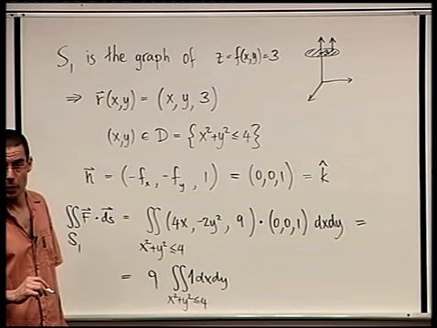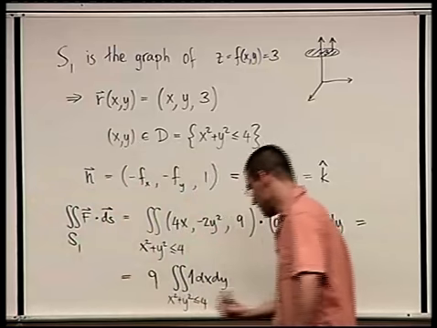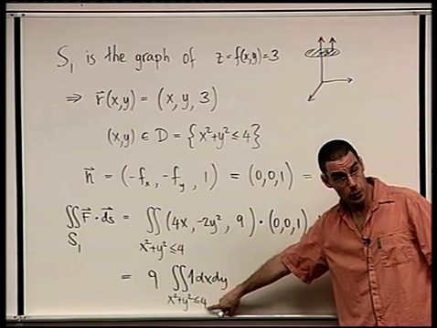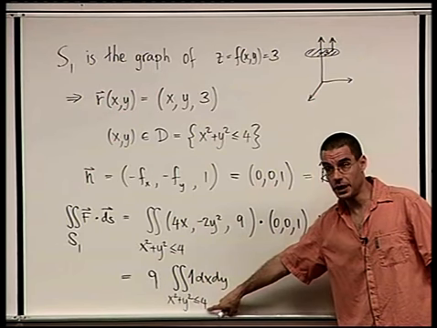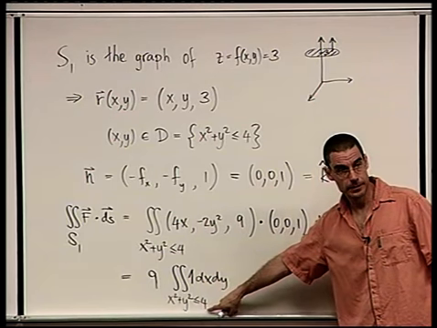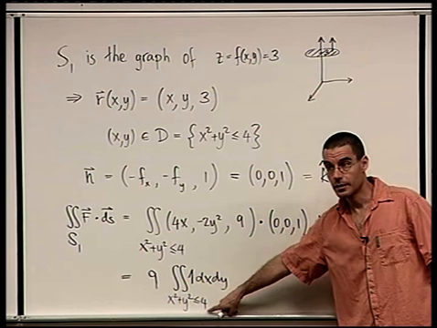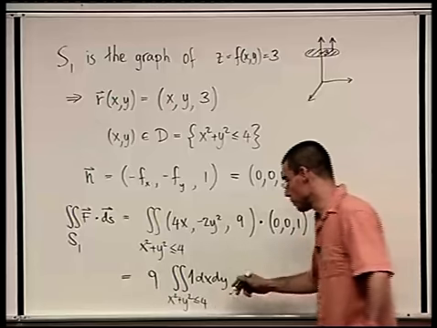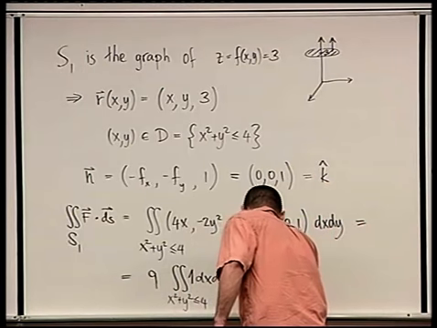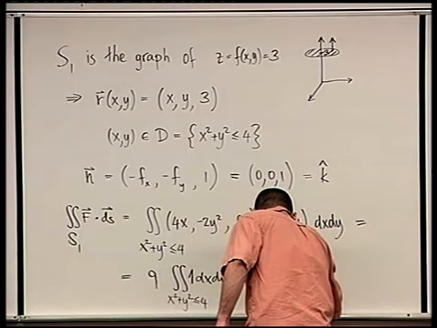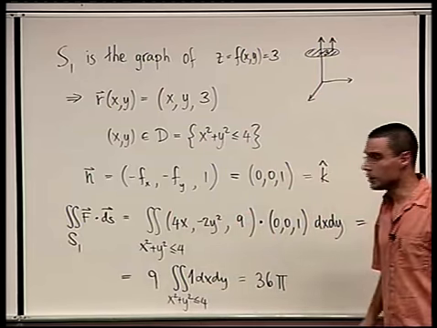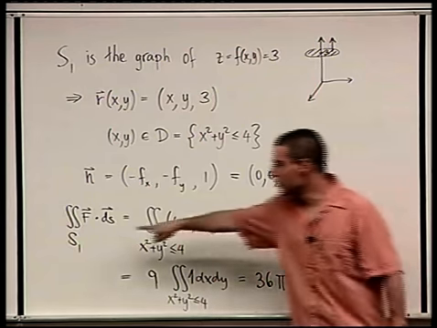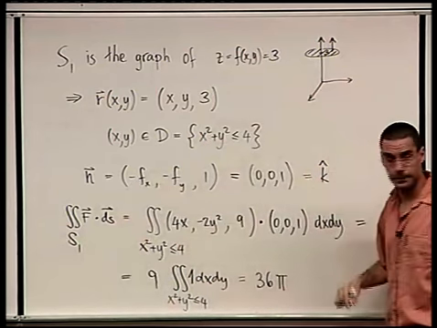Just the area of the domain. The domain is a circle in the xy plane of radius 2, so what's its area? 4 pi, r squared times pi. So it's 4 pi times 9, so we just get 36 pi. Do you agree? This is the contribution to the flux of the surface S1, which is the top.